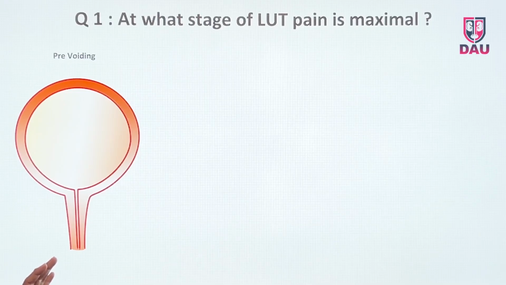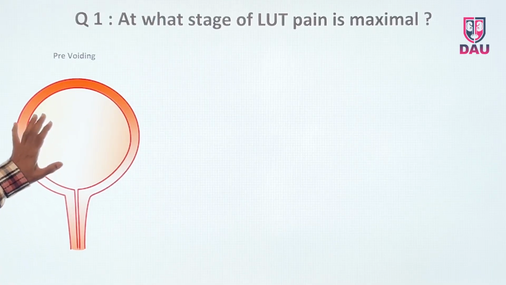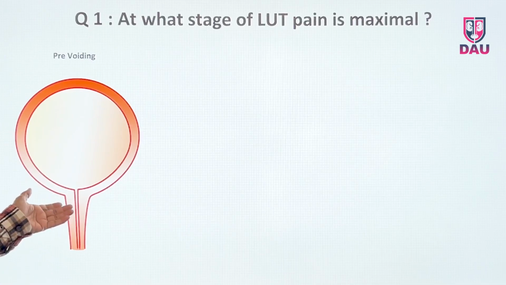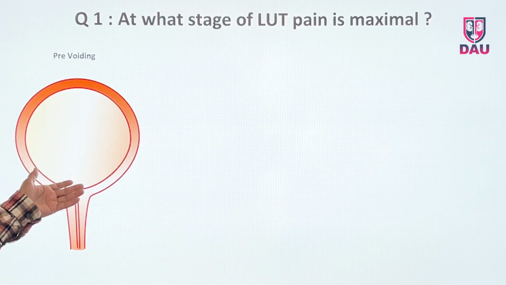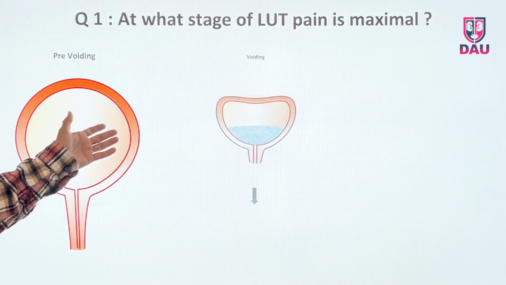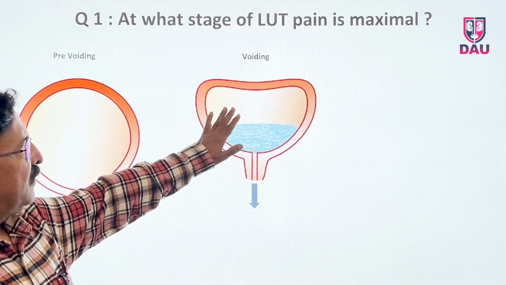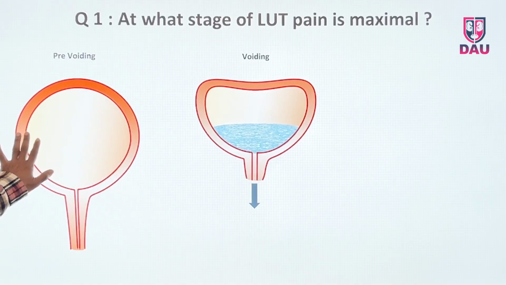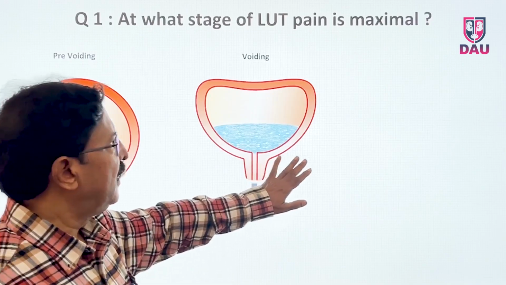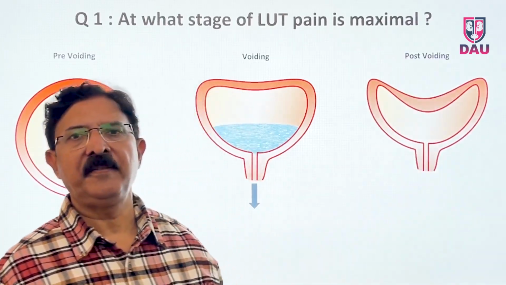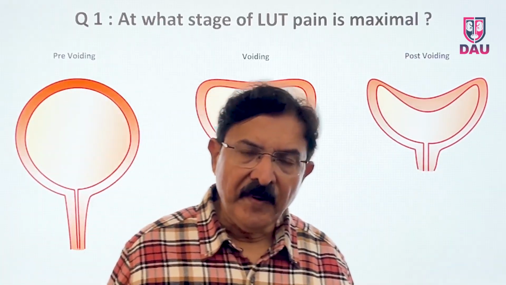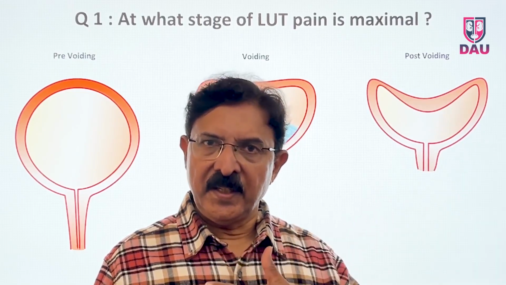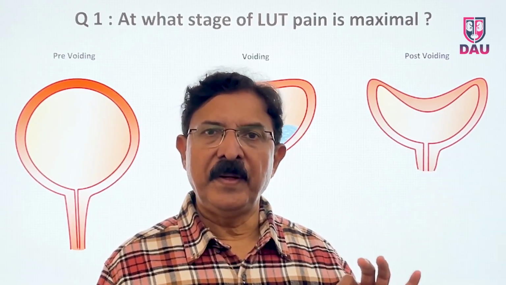As you know, most of us remain in a pre-voiding state when the bladder is filling up gradually. Then comes a stage when the patient voids. This is called the voiding phase. So it's a pre-voiding phase, a voiding phase, and then the post-voiding phase. So you have to ask the patient in which of these three the pain is maximal.